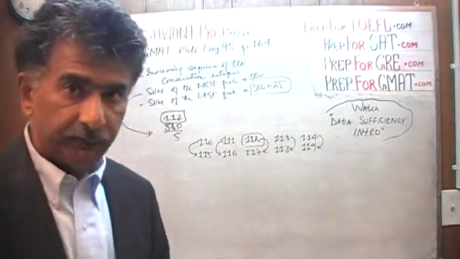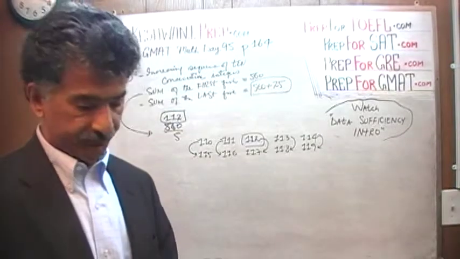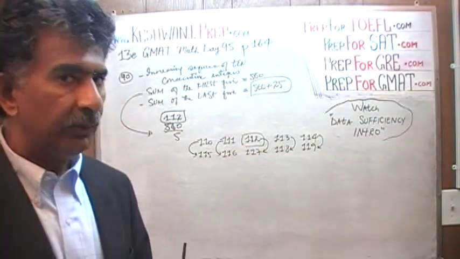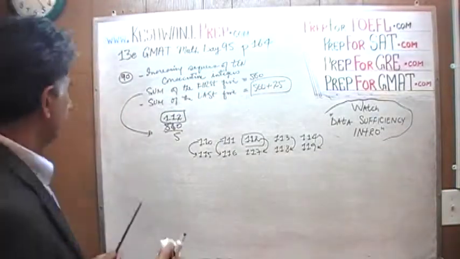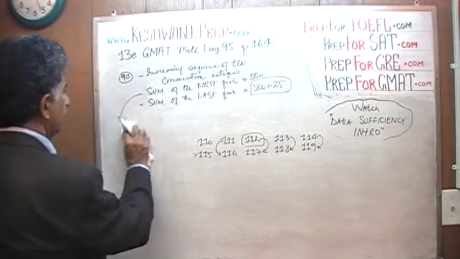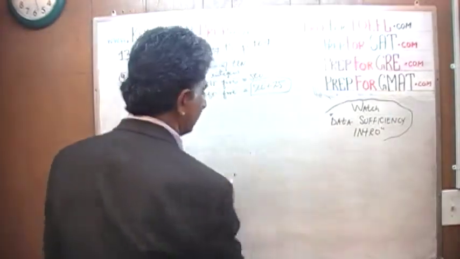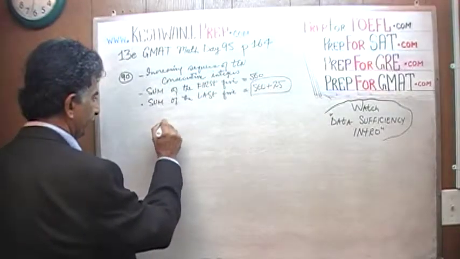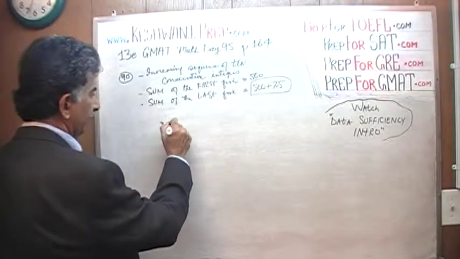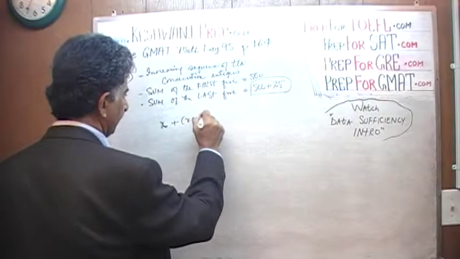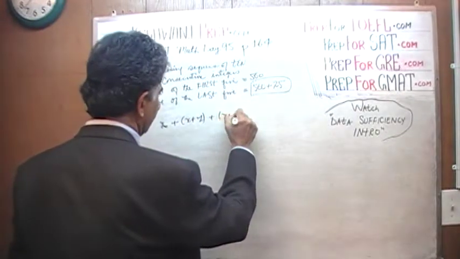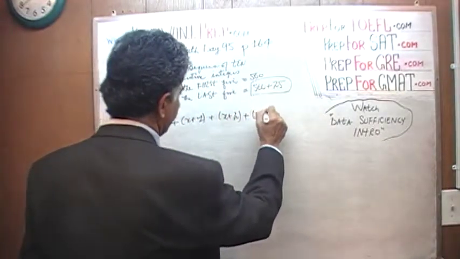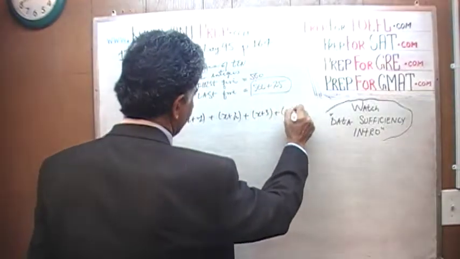Now if you insist on it, we'll do it the proper way, the algebraic way. Because they are consecutive numbers, if the first one is x, the next one is going to be x plus 1, then x plus 2, x plus 3, and x plus 4.